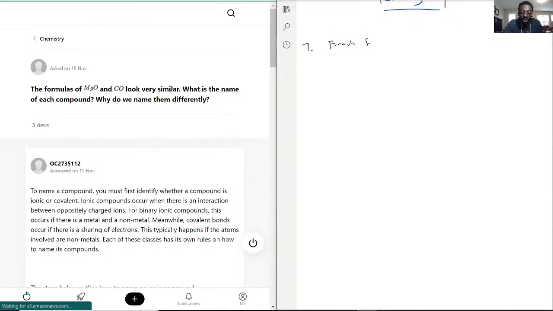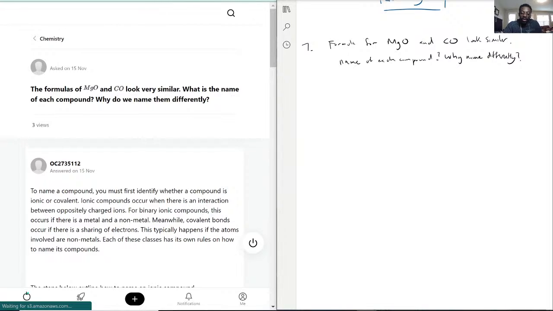Formulas for MgO and CO look similar, and name of each compound, and why name differently.